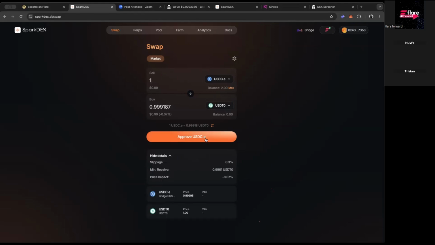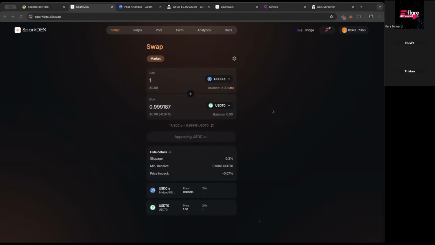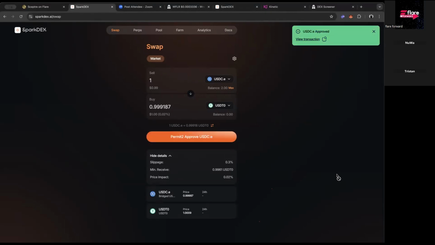Yeah, my buddy wanted to bring some money to Flare, and he had it on his Coinbase, and then he sent it to the Coinbase wallet, but then he didn't have Ethereum on Base to pay for the bridge, so I had to send him some Ethereum, and then the Coinbase wallet didn't accept Flare as a network, so then he had to bridge it and send it to his Trezor, and then do the whole thing. It was a mission. Probably by himself, he wouldn't have been able to do it. Permit approve?